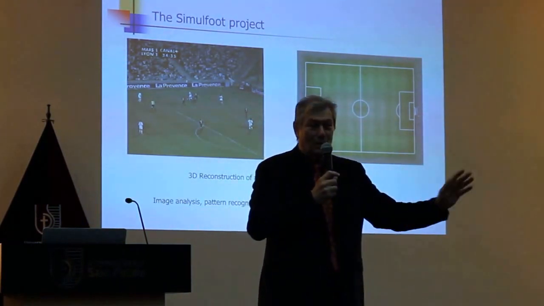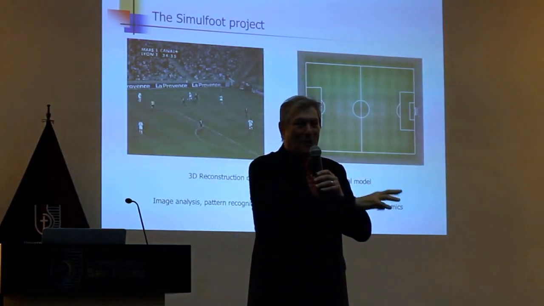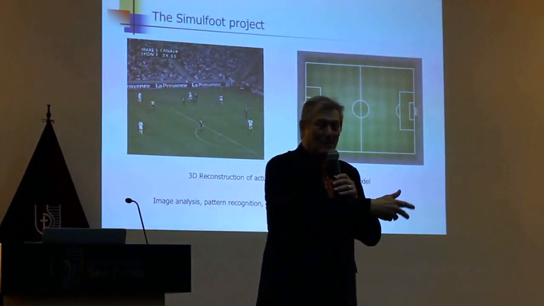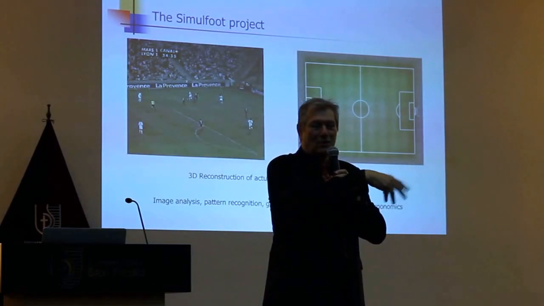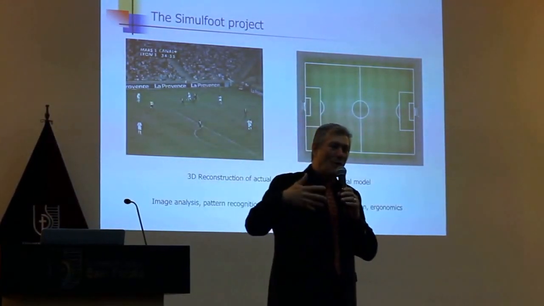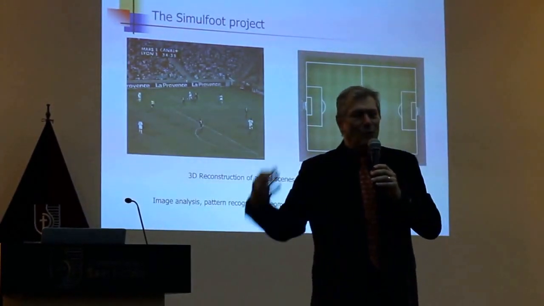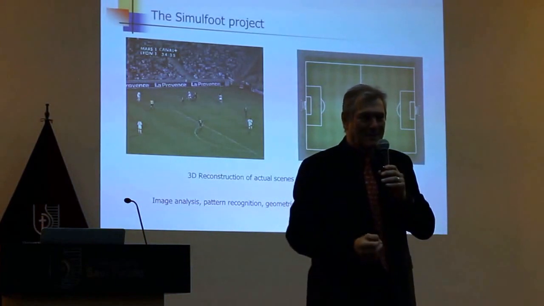So, just to summarize the problem, we have an image, we have a model. On the model, we have some knowledge, which is, for example, the location of the lines and so on. On the image, we know what we want to look for. We want to look for some landmarks and also the players, but first of all, the landmarks.